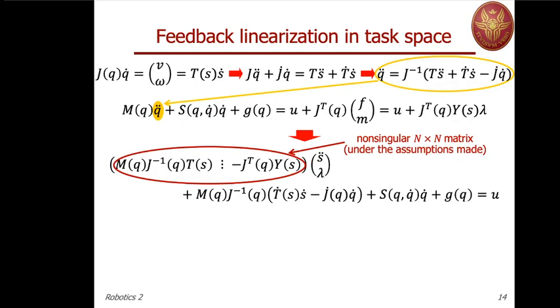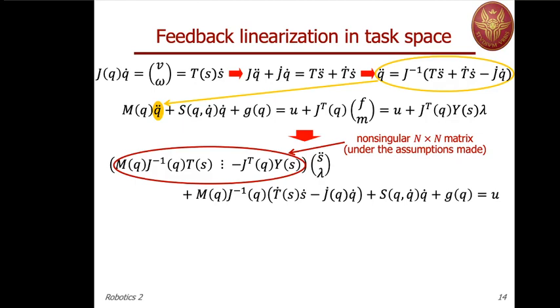Now, being T and Y linearly independent, containing linearly independent columns, this 12 by 6 matrix has full column rank equal to 6. So you have a product of a 6 times 12 times 12 times 6 matrices. Both matrices have the right full rank, so the resulting 6 by 6 matrix, which is the one in the slide, will be full rank, so non-singular.